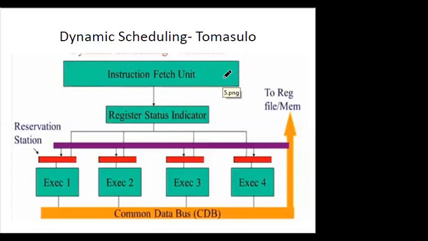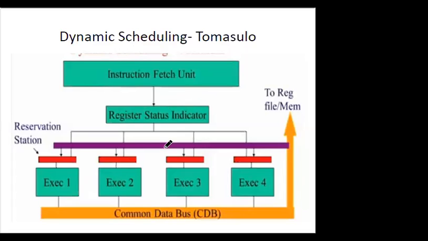I'm going to repeat it. The first stage is the fetching of the instruction. Second stage is the decoding of the instruction. Then we have to fetch data for the instruction, then execute the instruction and store that. So we will follow this sequence in this dynamic scheduling method.